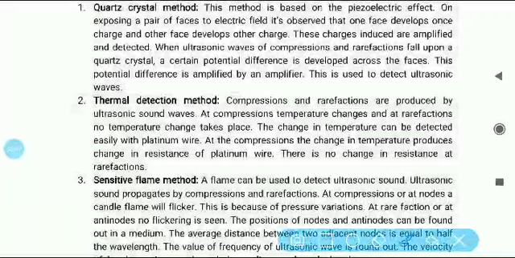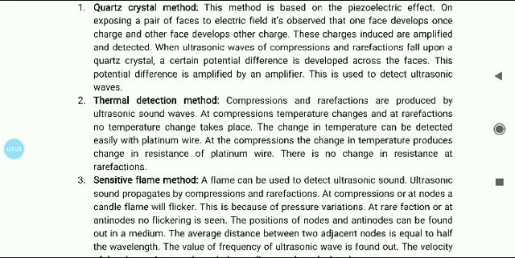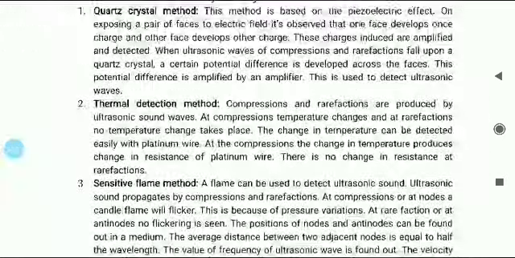I hope you remember the formula R equal to R0 into (1 plus alpha T), the temperature dependence of resistance of any metal. So as the temperature changes, the resistance of the wire changes, and you can detect the positions of compressions and rarefactions. So that is how this thermal detection method works.